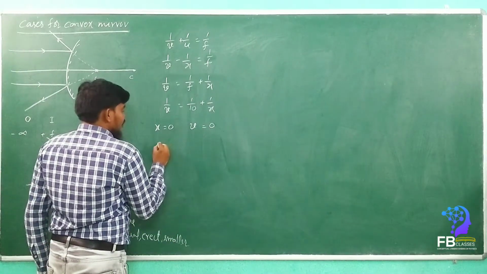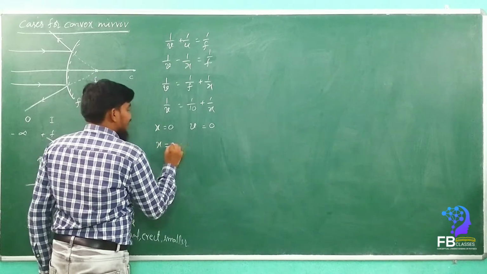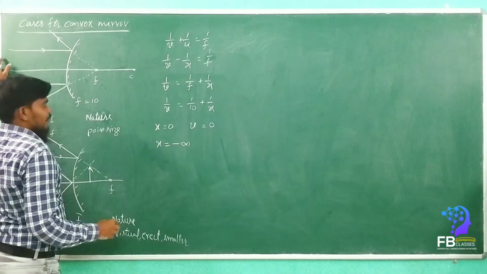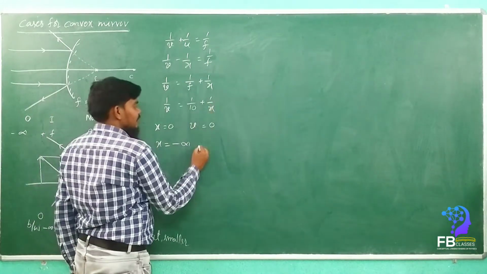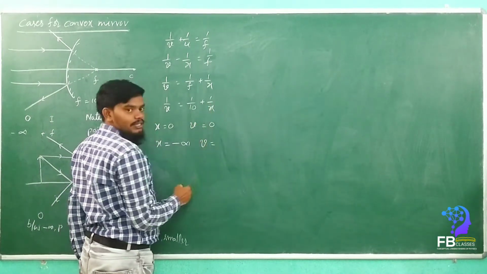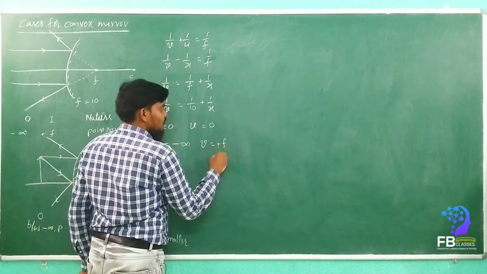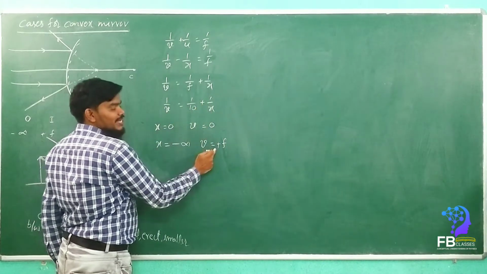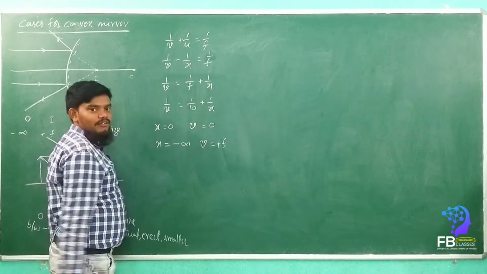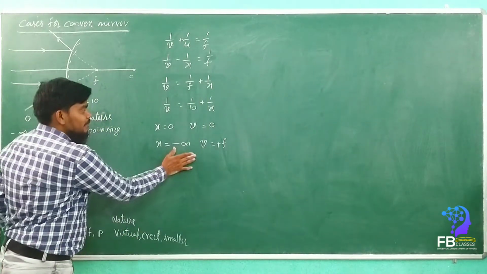Then if x is equal to minus infinity, that is, the object is placed at infinity, then what will happen? v is equal to what, my dears? 1/f plus 1/infinity, and 1/infinity is equal to 0. Then v comes as 10, and 10 is nothing but f. Yes or no? So what is the meaning of that?